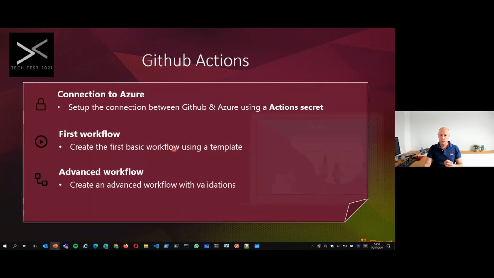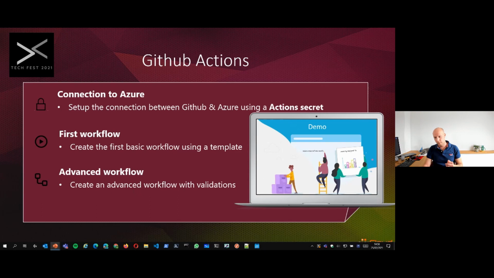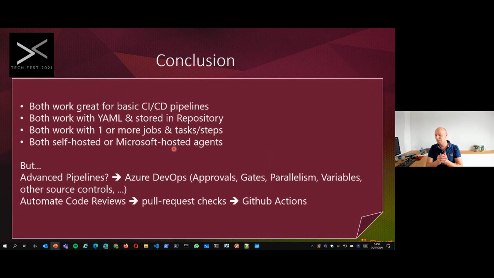So in this way, we have a full CI/CD pipeline up and running. If we want to have a conclusion, because that's something that most of the people want to see, there's no good or bad. Both solutions are really good. If you go for a basic CI/CD pipeline, like even the one that I did in Azure DevOps, it will work in both.